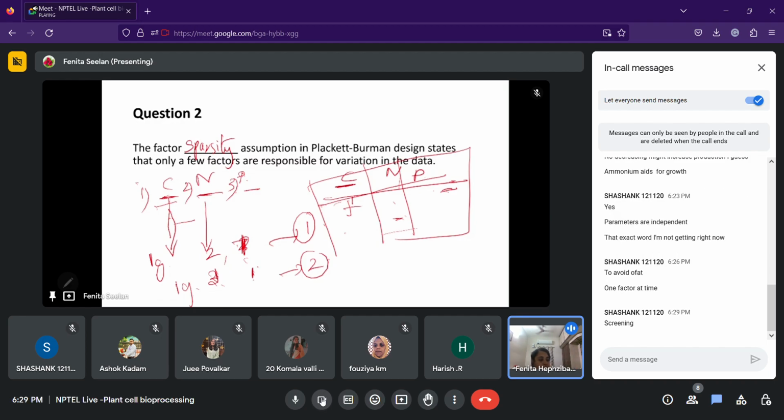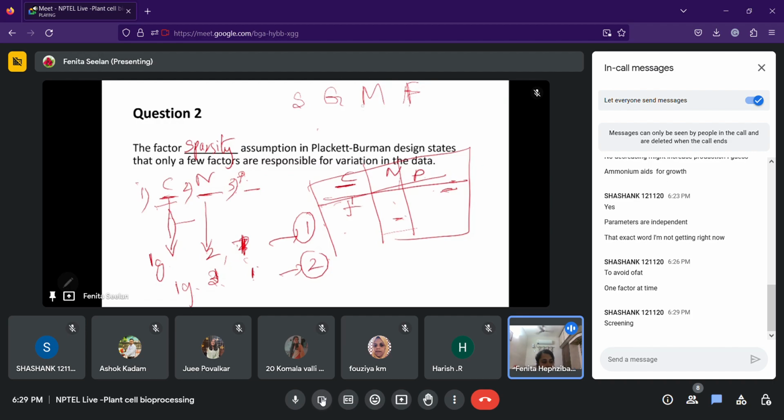Screening, yes, because in your literature there are multiple media combinations. In each piece of literature, one person says sucrose is the best carbon source, one says glucose is the best, the other says maltose, the other fructose. So different factors are coming into existence here.